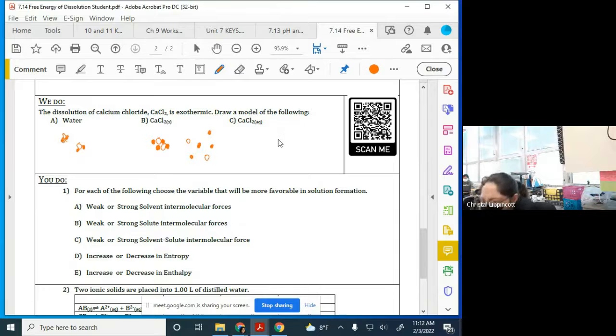Okay, let's try this again. I've got my positive calcium ion here. It's going to be attracted to the oxygen end of my water. There we go.